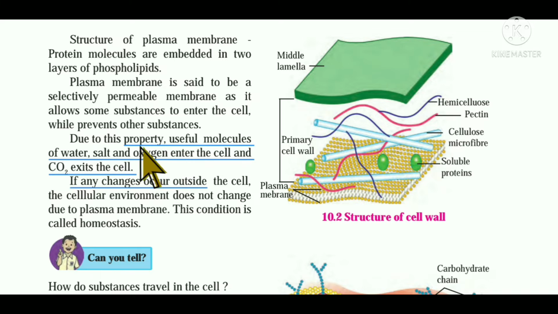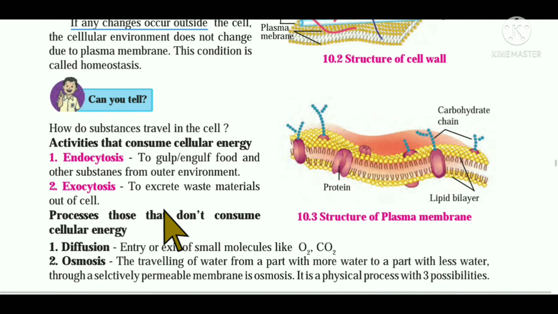Due to this property, useful molecules like water, salt and oxygen enter the cell and carbon dioxide exits the cell. If any changes take place outside the cell, the cellular environment does not change due to the plasma membrane. This condition is called homeostasis.